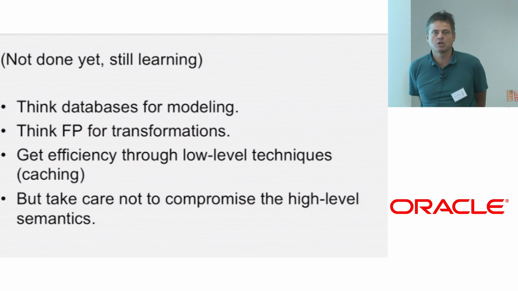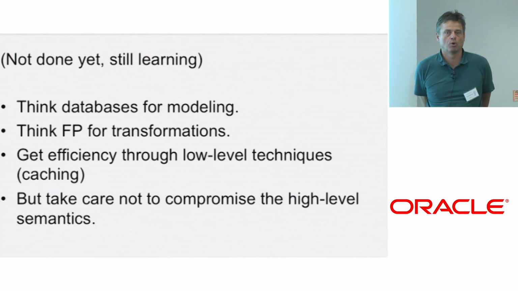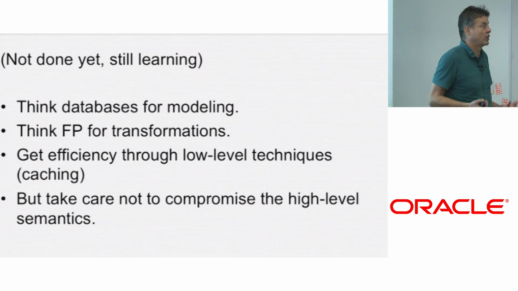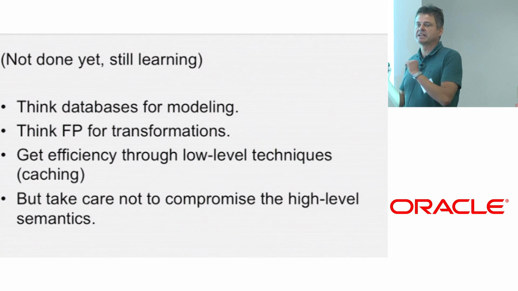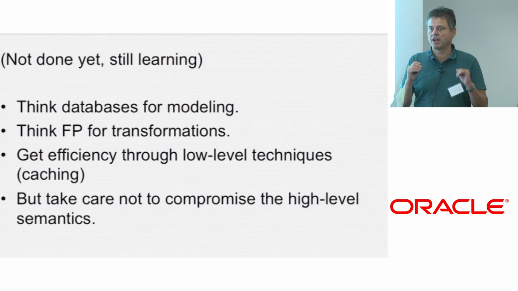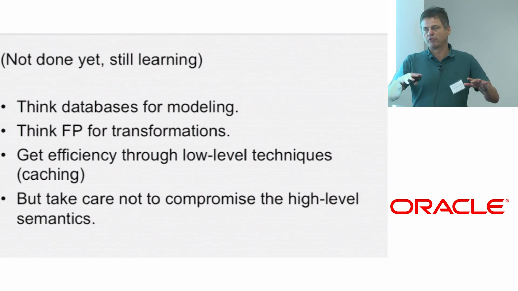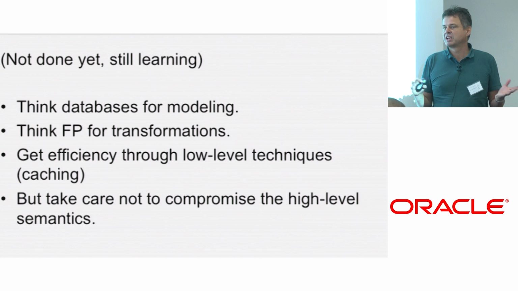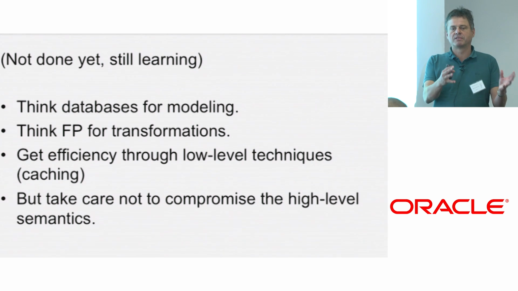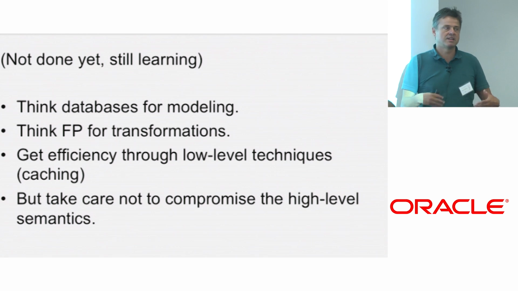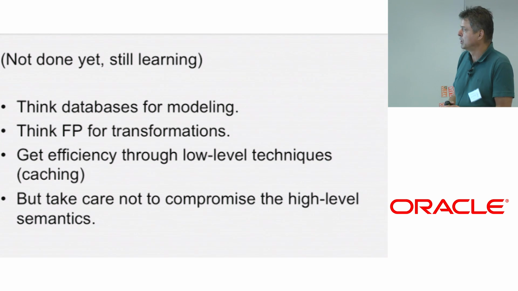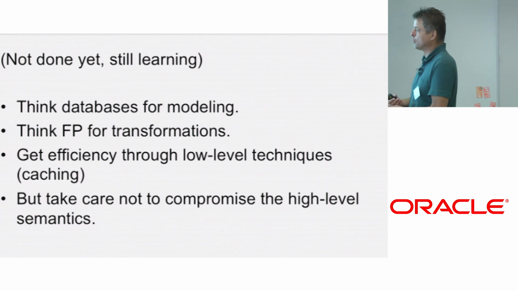On the other hand, there are lots of opportunities, because once you are purely functional, you have much more opportunities for caching, because you know that once you've computed the value, the next time you compute the value, it's the same value. Whereas otherwise, if you have lots of imperative moving parts, caching is unfeasible, because you never know whether the next time you ask that question, it might depend on something that has changed in the meantime. So that's why functional gives you a lot of opportunities for getting better efficiency, mostly through caching.